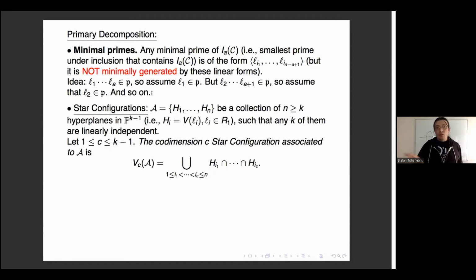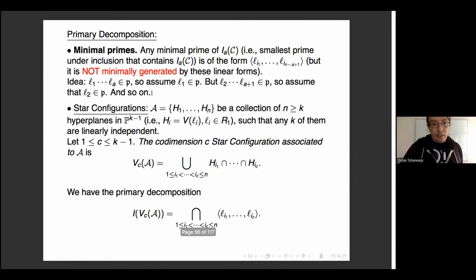All right, so the codimension C star configuration associated to this hyperplane arrangement is the union of all those intersections of hyperplanes. If we translate this into defining ideals, the ideal defining a codimension C star configuration is the intersection of all those linear primes.